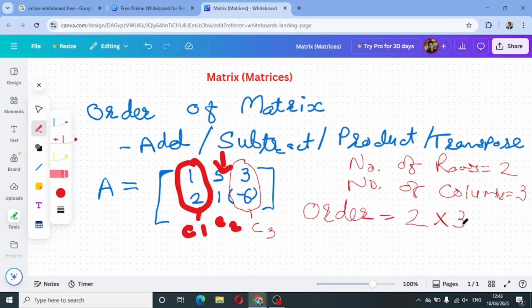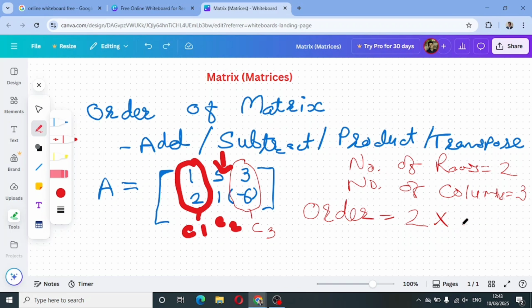This is like when you have a room size, you write 5 by 3 or 10 by 12 or 13 by 15. This kind of layout you use for a rectangle or square. Similarly here also we have to use the same way. The order of the matrix in the example we have taken is 2 by 3.